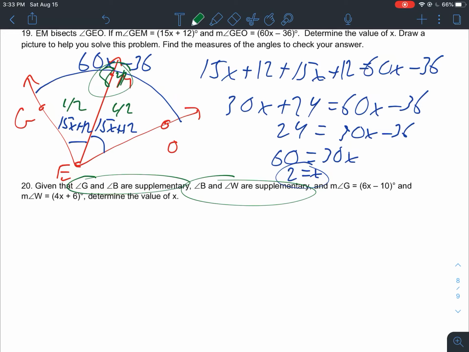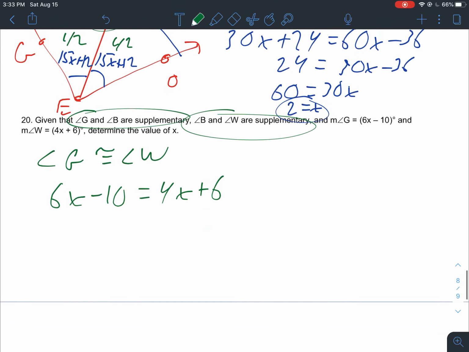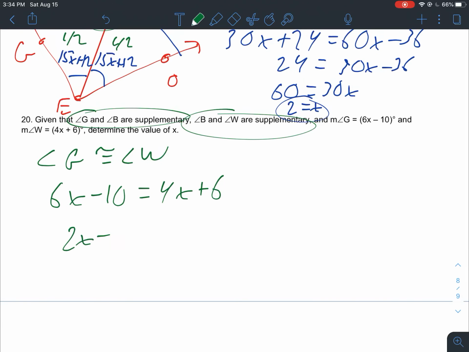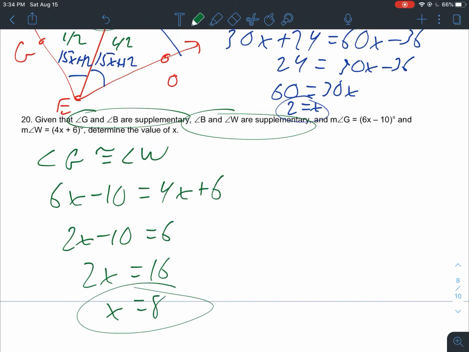So both of these angles, G and W, are supplementary to B. What that tells me is that G is congruent to W. So I can simply set G and W equal. Solving that by subtracting 4x, adding 10, and dividing by 2, I get x is 8.